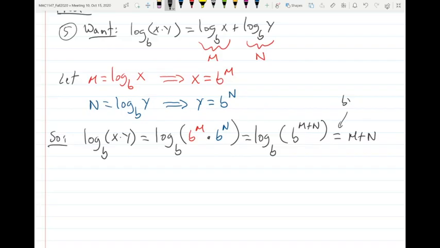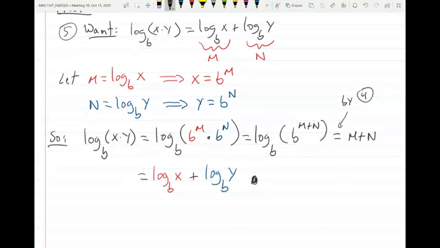We can say this by property number 4 above, and we already justified property number 4. But what was m? m is just log base b of x, and n is log base b of y. So there you go. We just proved that log base b of x times y equals log of x plus log of y, everything base b.